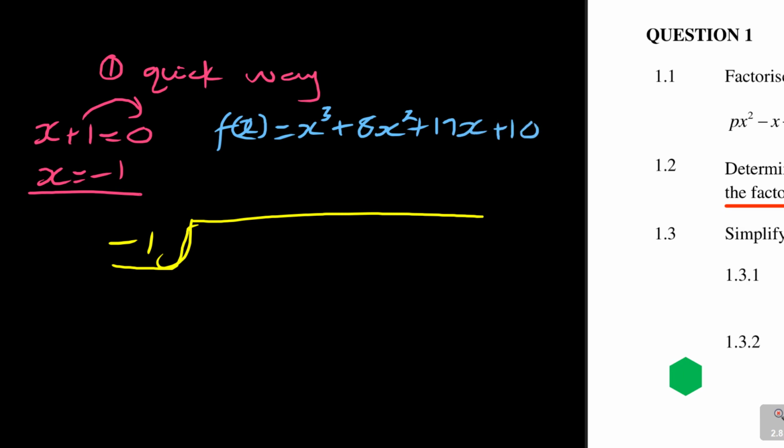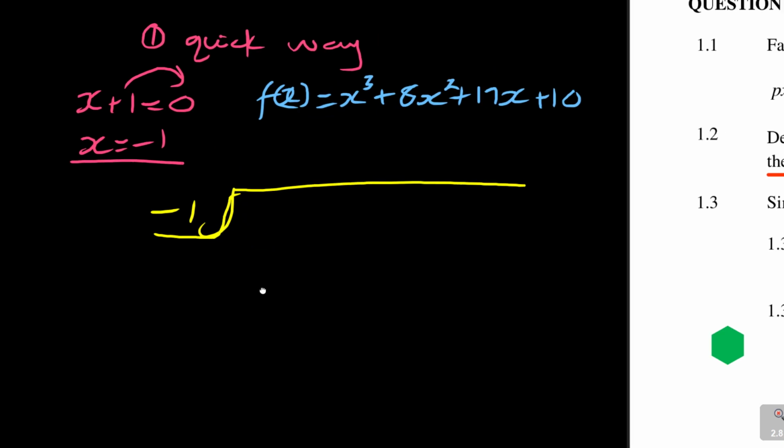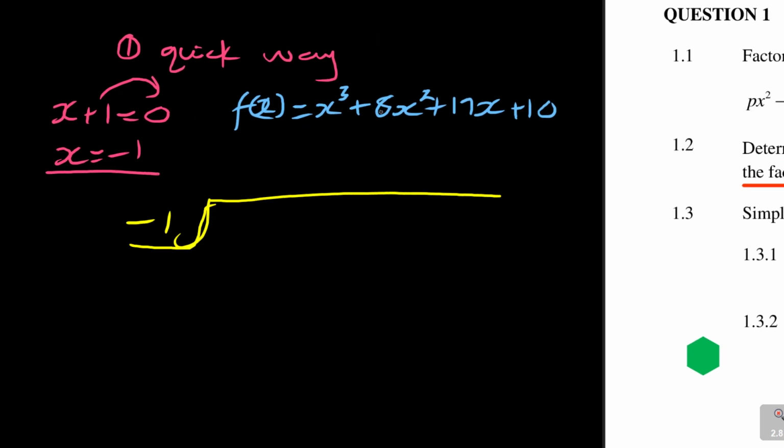Now I'm going to write the numbers before the letters. There is a hidden 1 before x cubed. So I'm going to write those numbers, which is 1, then plus sign, then the number before x squared, which is the coefficient.